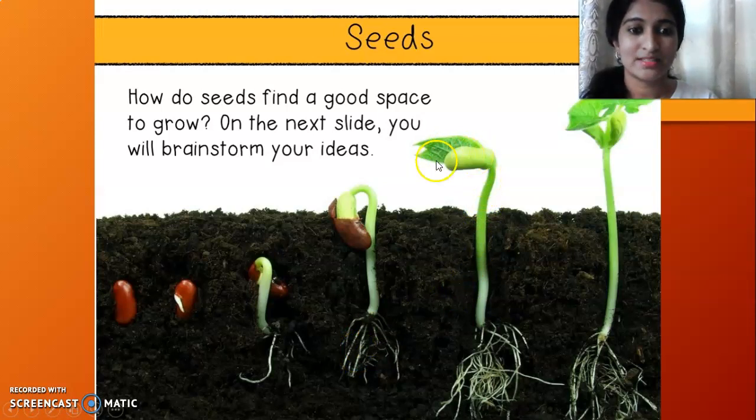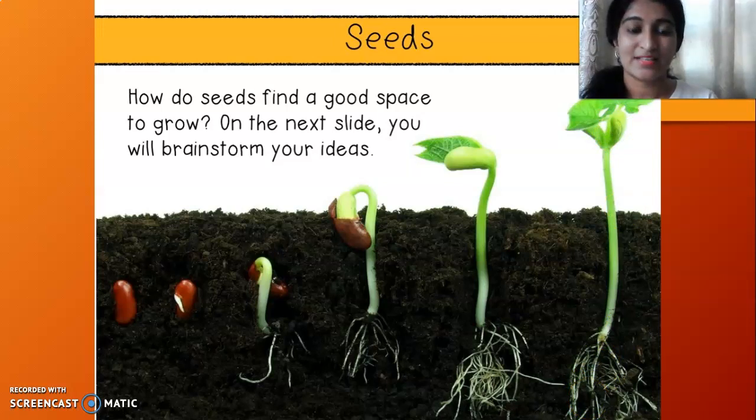At the seedling stage you can see the roots and some leaves. Okay, this is the stage where you can see more leaves and roots.